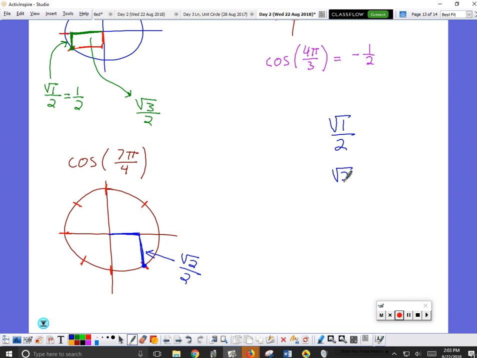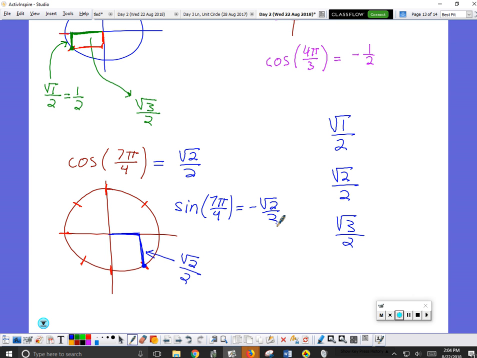The medium is √2/2, and the long is √3/2, and they go in the order you would expect. So these are both √2/2. Cosine's the back and forth, so it's over, which is to the right, which is positive. So this is √2/2. The sine of 7π/4 would be equal to negative √2/2.